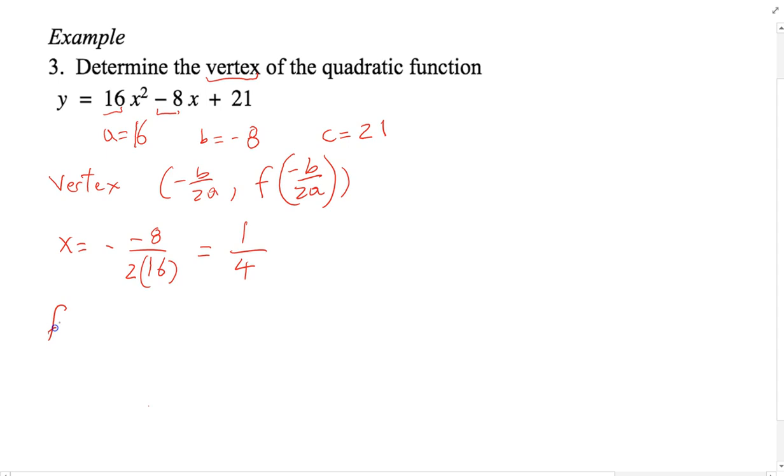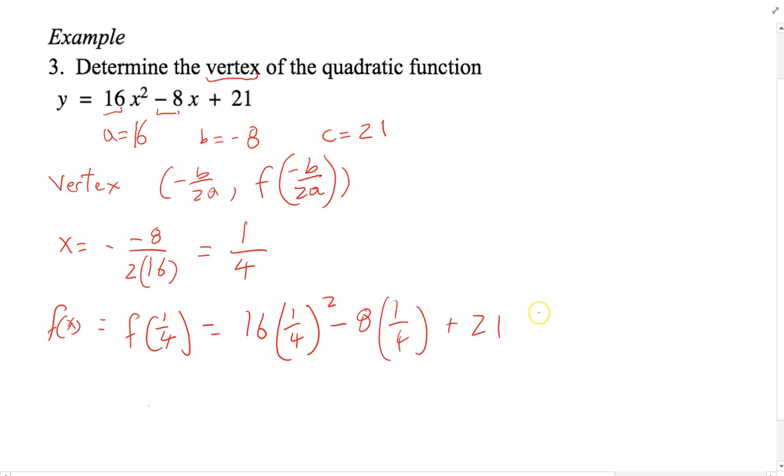Then f(x) would be f(1/4), which will become 16 times (1/4)² minus 8 times 1/4 plus 21, and that will give us 20.